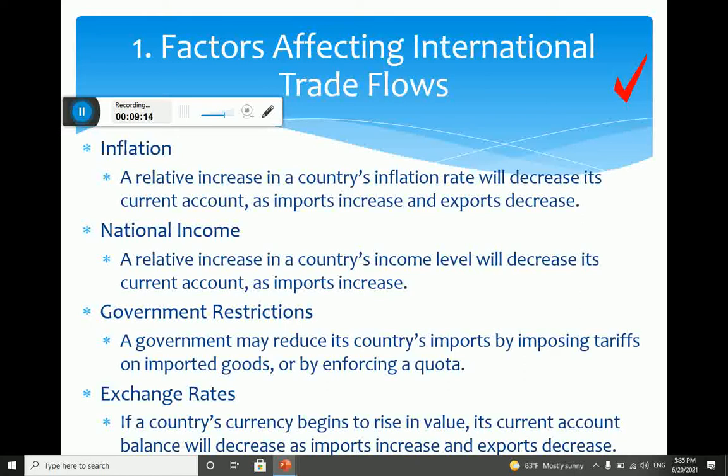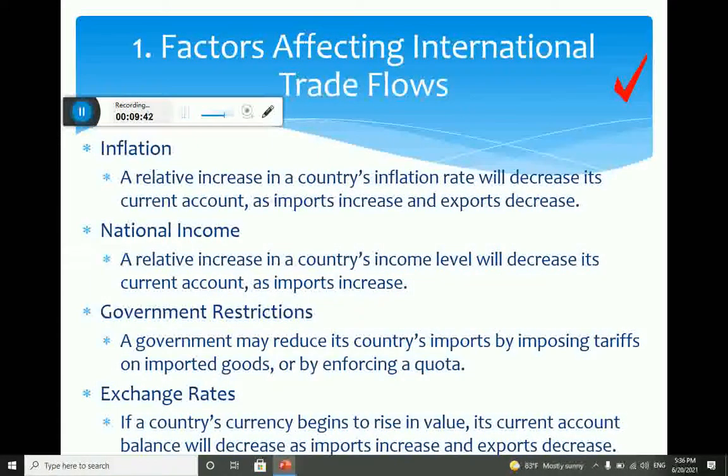Okay, exchange rate. Exchange rate is also one of the factors which may have a positive or negative effect on the trade flow from international trade. If a country's currency begins to rise in value, its current account balance will decrease as imports increase and exports decrease, right?